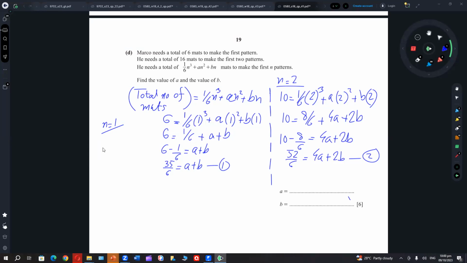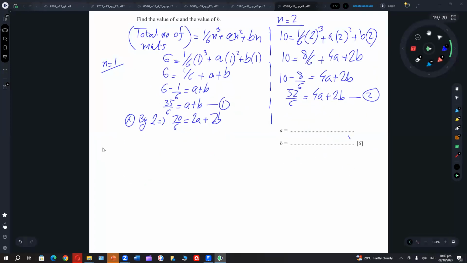I can multiply any number here and I can cancel it. Suppose I multiply this equation by 2. Now these are the two equations.